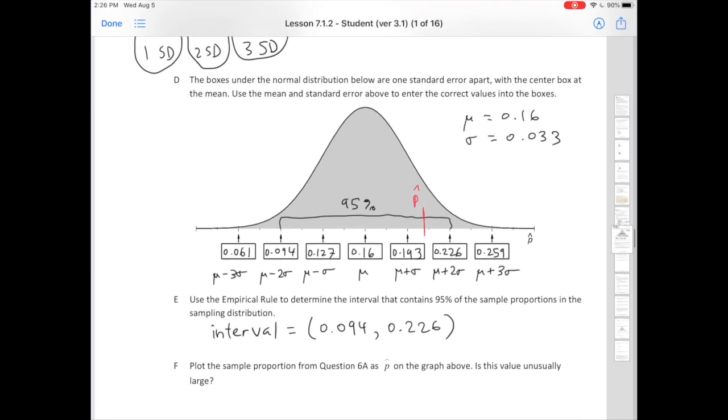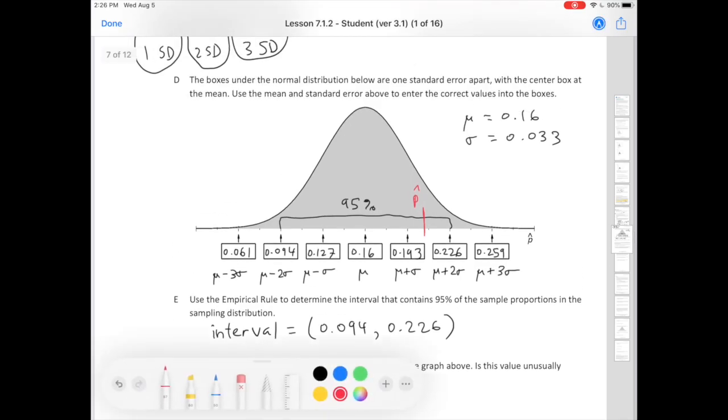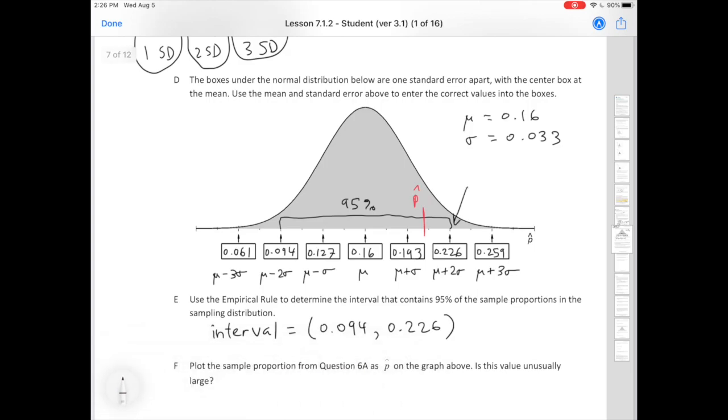Well, two standard deviations would be this number right here. This is two standard deviations above the mean. And so since our p hat is not bigger than that, that means that particular p hat was not unusually large, right? Anything bigger than 0.226 would be unusually large.